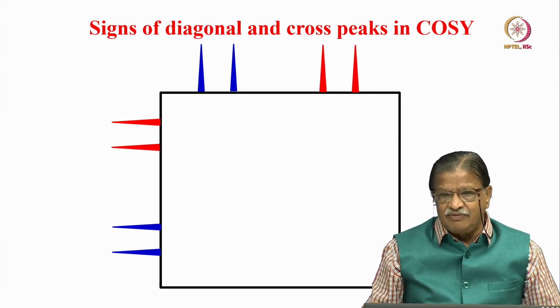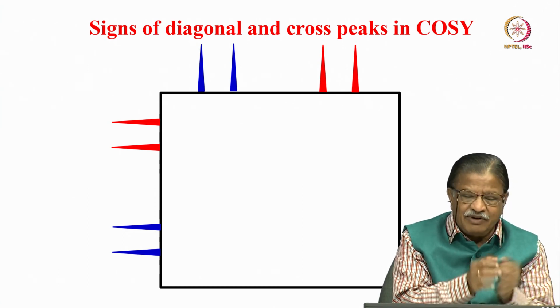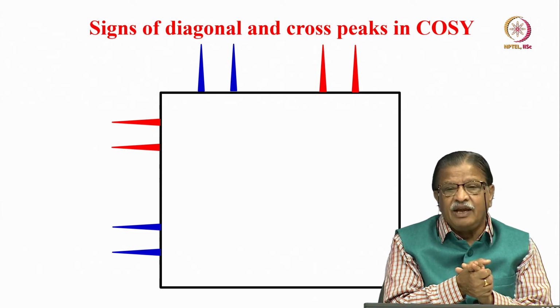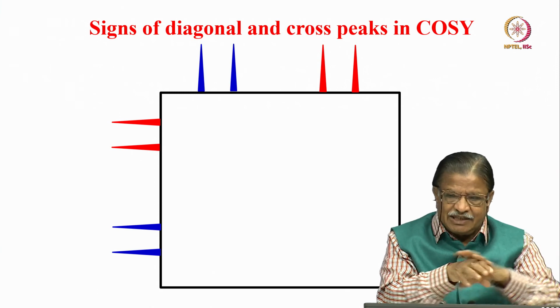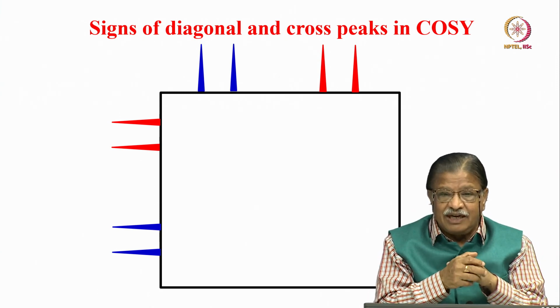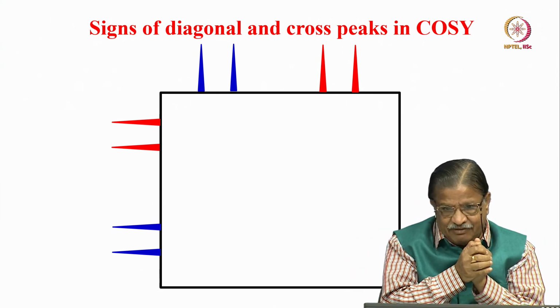So, in addition to its own frequency on the diagonal, whose frequency of evolution remains the same both in T1 and T2, it also gives a cross peak. Same thing happens for the X spin. That's what we discussed. But we also said it is not exactly at the chemical shifts.